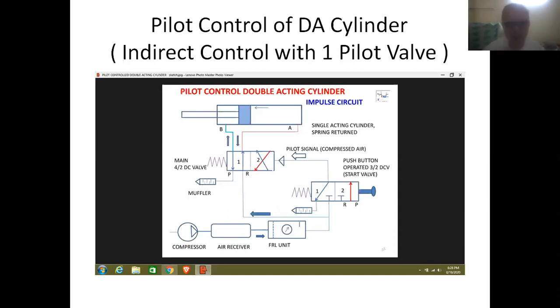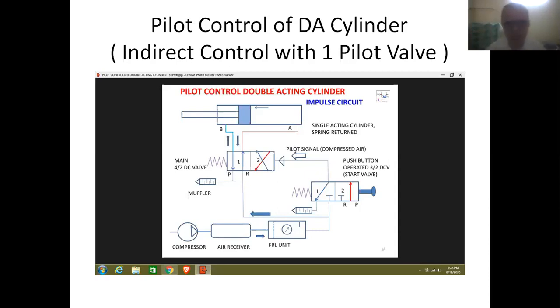And as usual, in the first position of the valve, inlet will be in contact with outlet and exhaust will be in closed position. Therefore, the first position is used for sending air into the body of the DC valve.